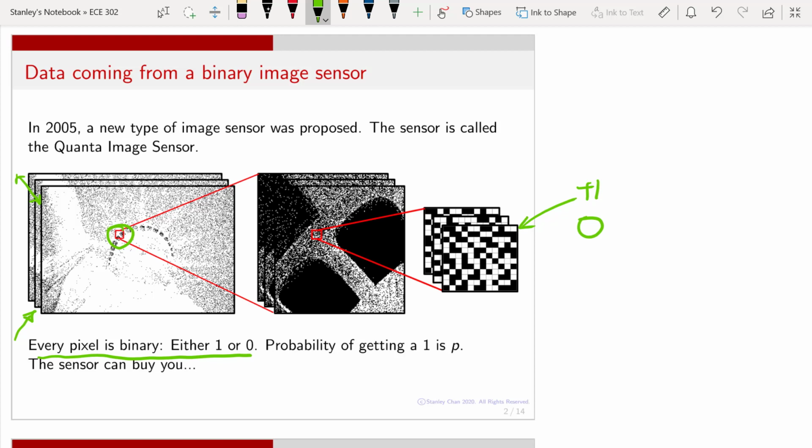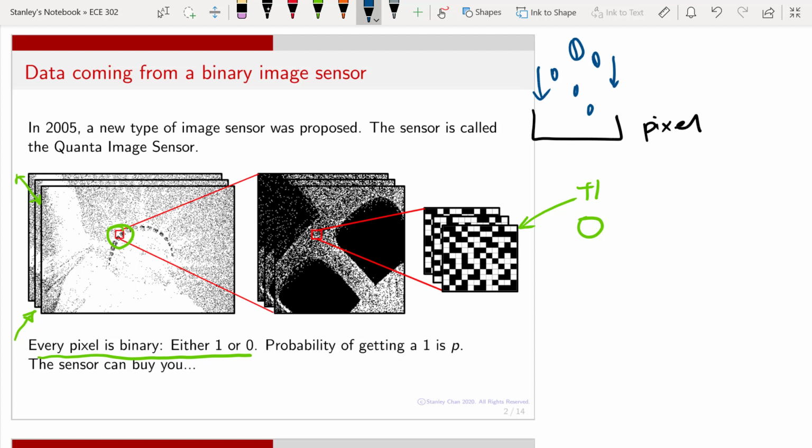Now, how do you determine whether the pixel is 1 or 0? That really comes to the nature of the photons. So imagine that you have a pixel, and then the photon is like a raindrop. As the photon comes to your pixel, it depends on how fast that photon comes.